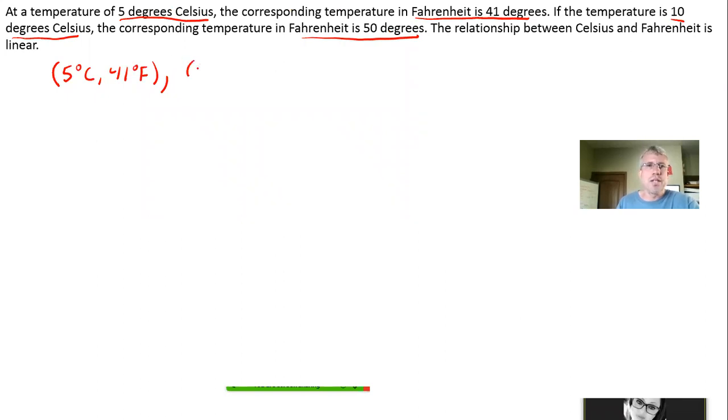I'm also told that 10 degrees Celsius corresponds to a Fahrenheit temperature of 50 degrees Fahrenheit. So the first thing is I need to be able to read a sentence and understand when I'm seeing an ordered pair.